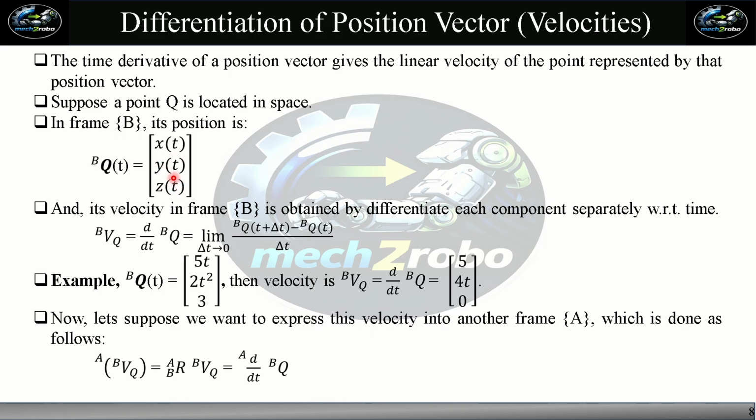Means these three components are functions of time, and its velocity in frame B is obtained by differentiating this vector.